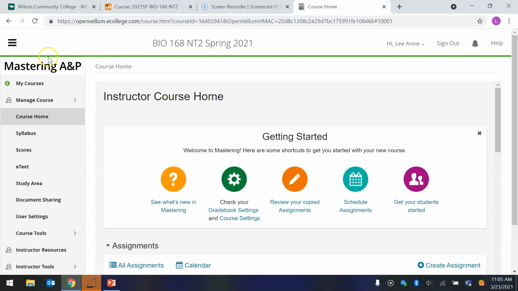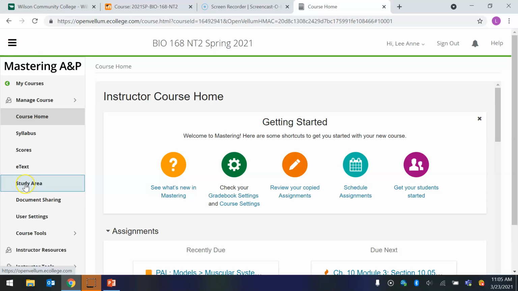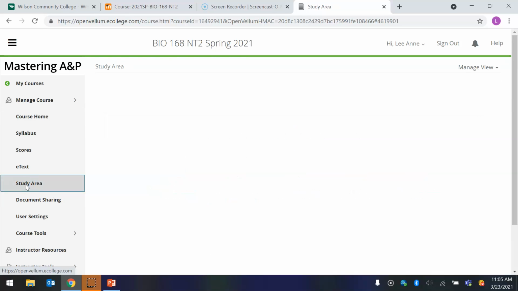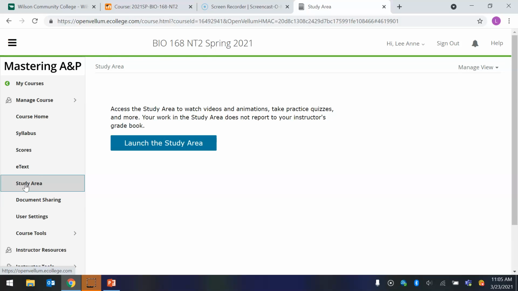But if you remember in Mastering A&P, you have a section called Study Area. When you click on Study Area, you can study by chapter.